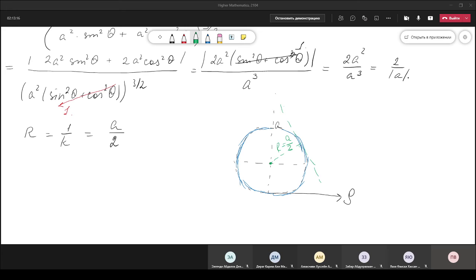It means our curvature circle equals our circle rho is a times sine of theta. Yes.